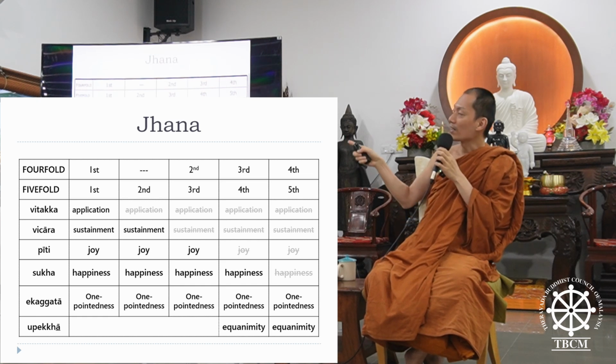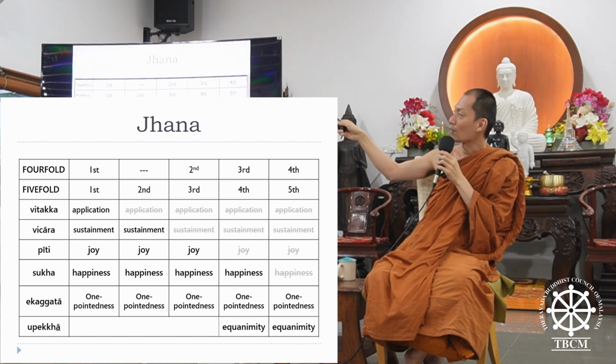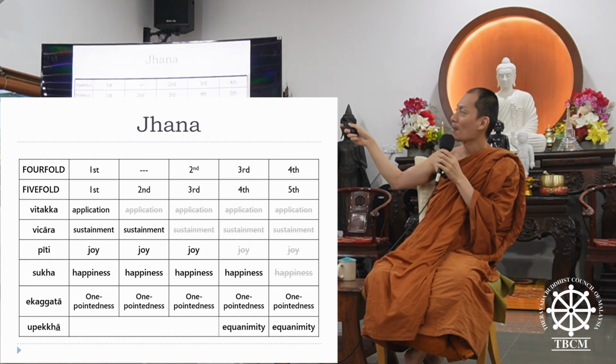Okay, so if a person goes to the second level of concentration, which is after the dash, then you see the second on the top row, ignore the third at the bottom. We go down that whole column.